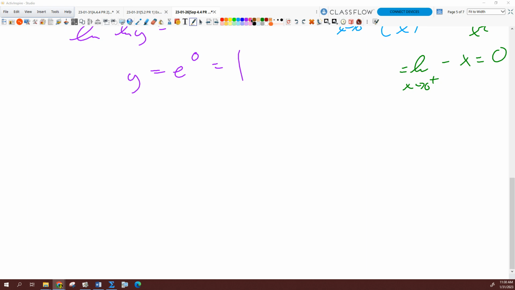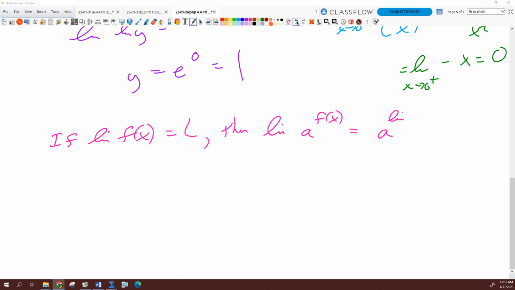We don't need to get too mired down in the details here, but if the limit of f of x equals L, then we could say this: the limit of a to the f of x equals a to the limit of f of x equals a to the L. Okay?